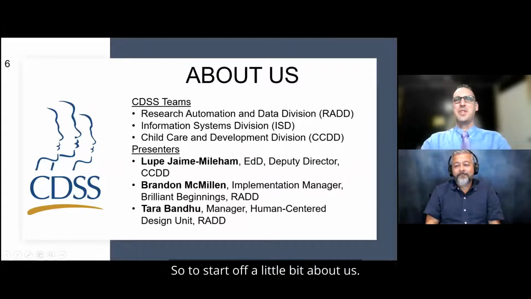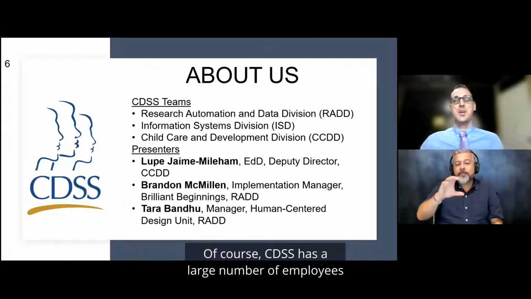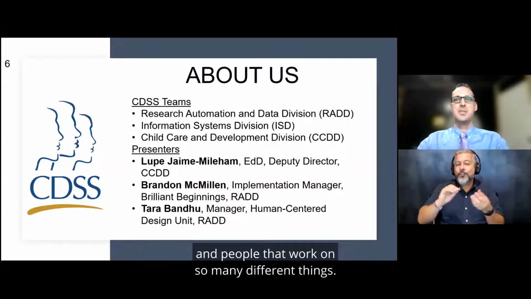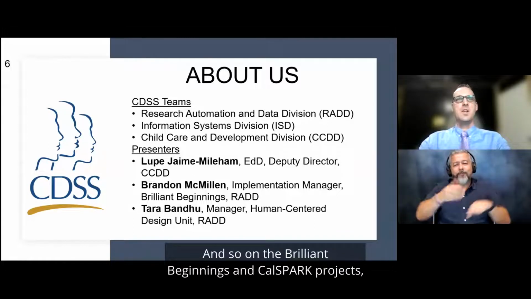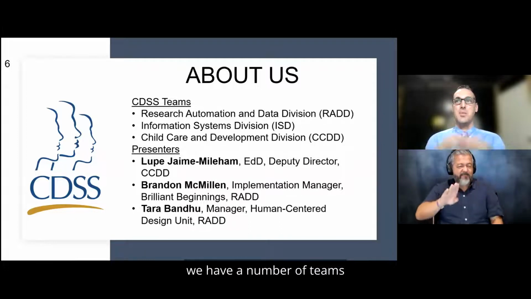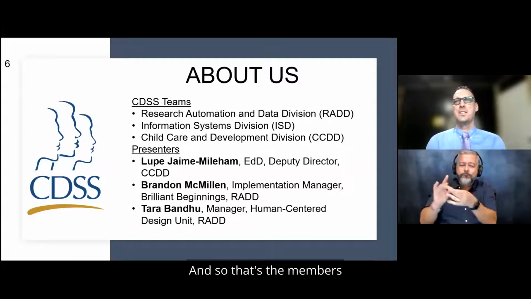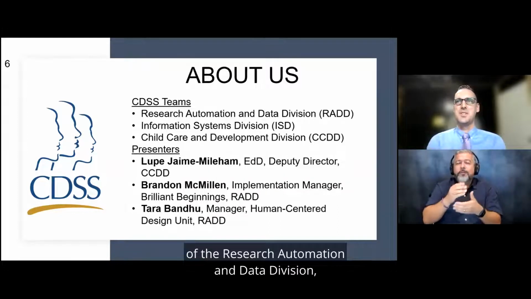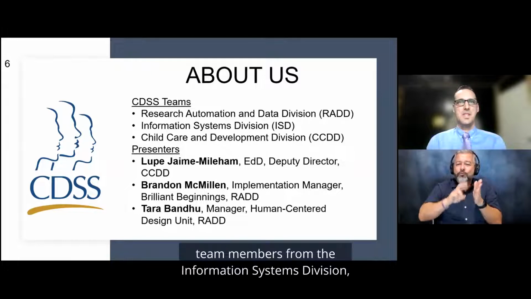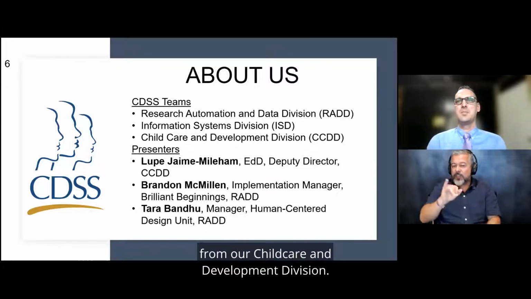So to start off, a little bit about us. Of course, CDSS has a large number of employees and people that work on so many different things. And so on the Brilliant Beginnings and Calspark projects, we have a number of teams that we're working with very closely. That's members of the Research Automation and Data Division, team members from the Information Systems Division, and then also team members from our Childcare and Development Division.